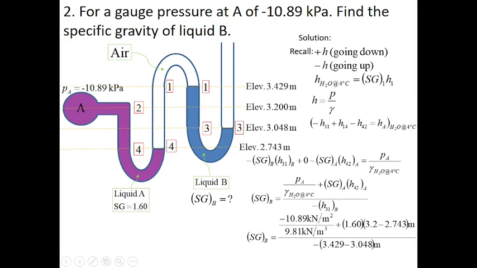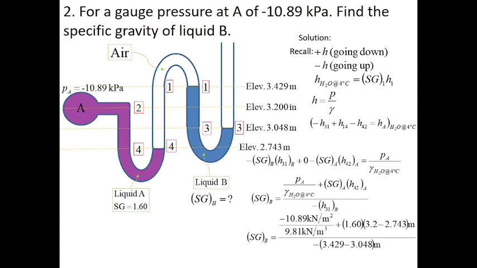Our target is to determine the specific gravity of liquid B. So this will now be our equation: negative 10.89 kilopascal over 9.81 kilonewton per cubic meter plus 1.60, the specific gravity of liquid A, multiplied by H42 for A. What is this height H42? There are elevations, elevation at 4 and elevation at 2.